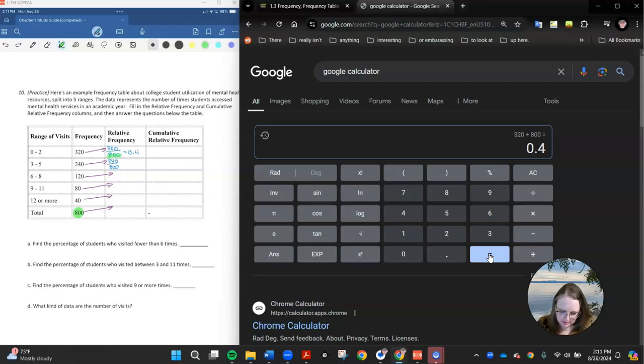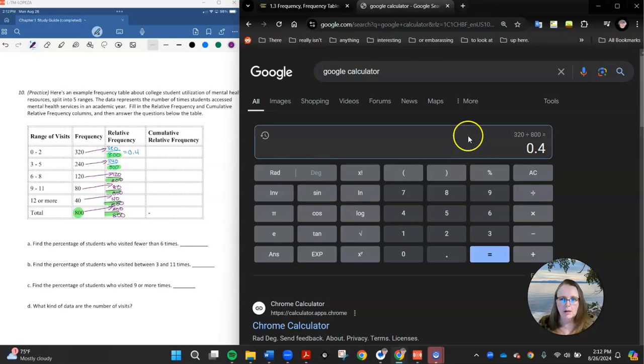So total in the bottom, total in the bottom. And I can even pre-highlight this. It really fills the pattern so simply that I know exactly what's going where. I don't even have to think about it. So 120 over 800, 80 over 800, 40 over 800, and the total, it's 800 over 800.